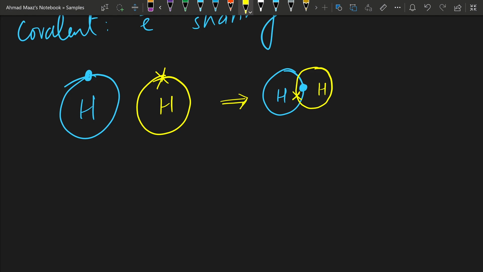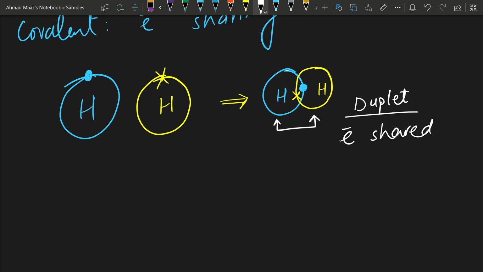Now both atoms come closer together, and both electrons are shared between the two atoms. Now their duplet is complete. They have shared electrons and their valency is now satisfied. We call this sharing of electrons a covalent bond.